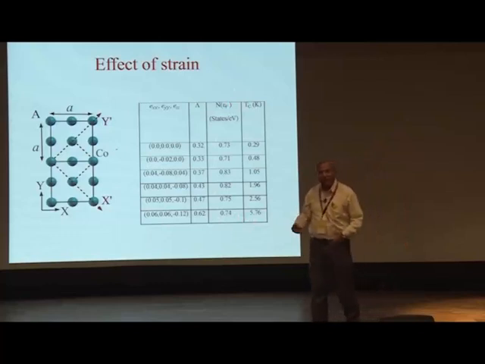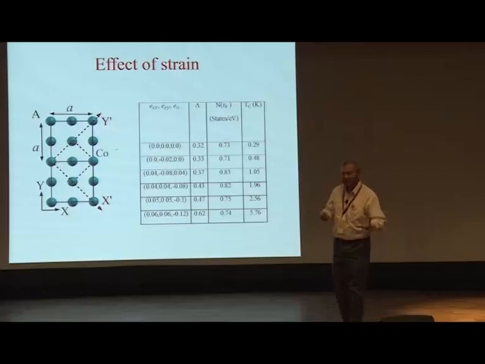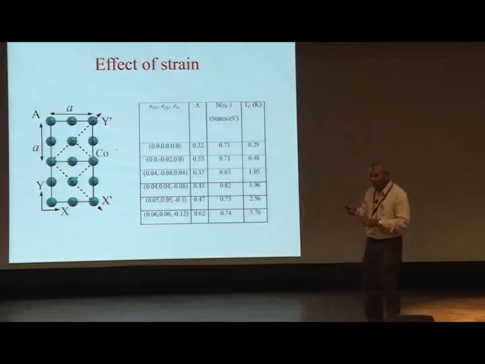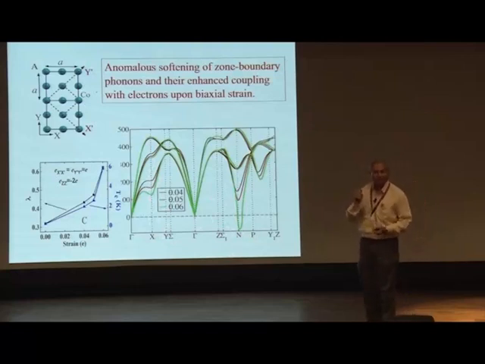With a different strain, it may be different, so you may expect some differences in the values of the transition temperature. Here it is shown that with strain of 4%, 5%, 6%, you see phonon softening at this point and this point. Because of this phonon softening, there is enhanced electron-phonon coupling.